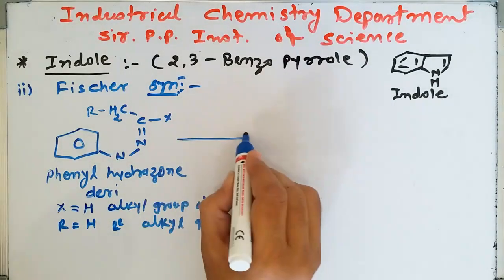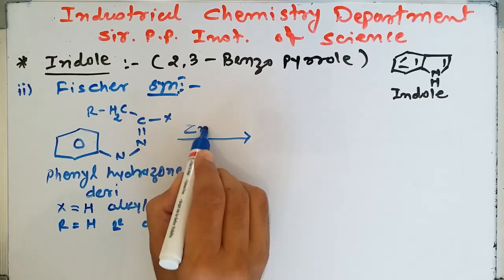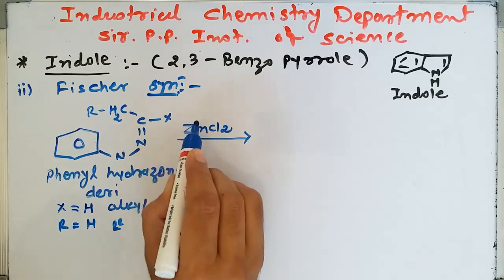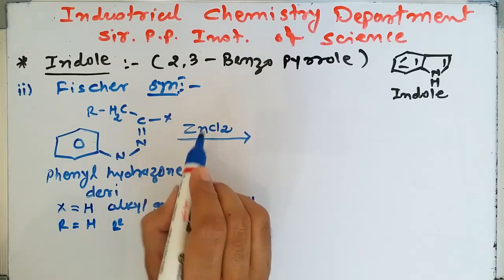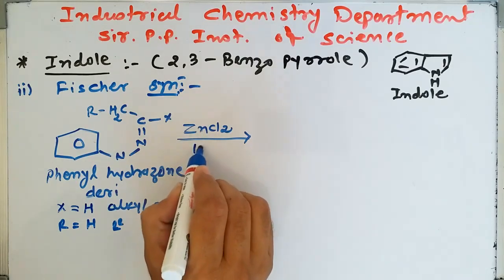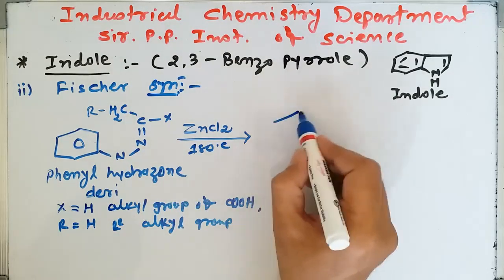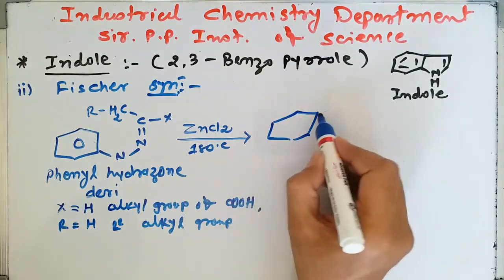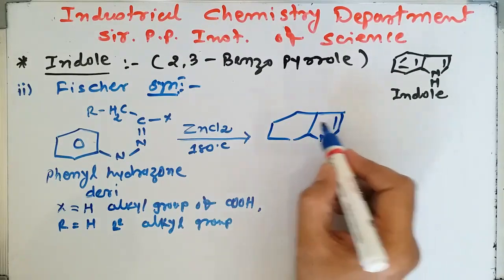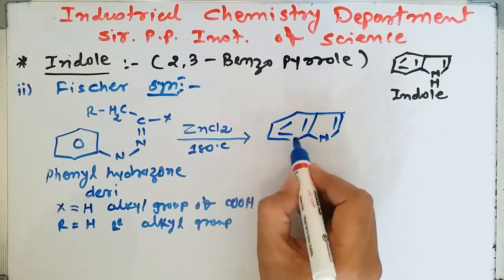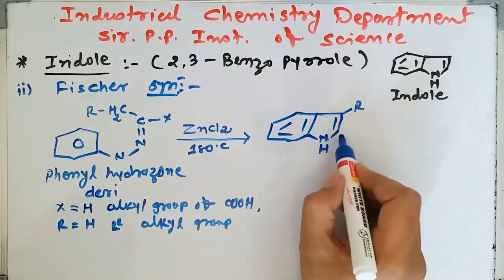When this compound is treated with zinc chloride, sulfuric acid, boron trifluoride, polyphosphoric acid at 180 degrees Celsius, it is converted into an indole derivative.